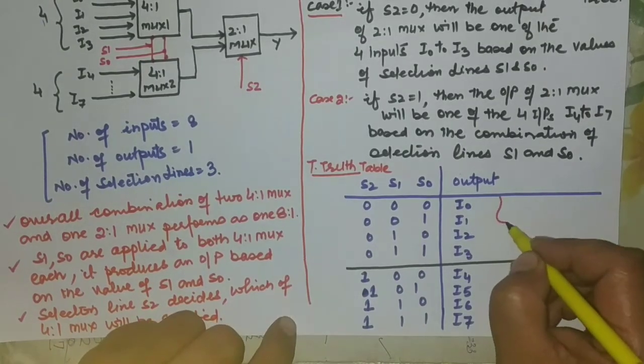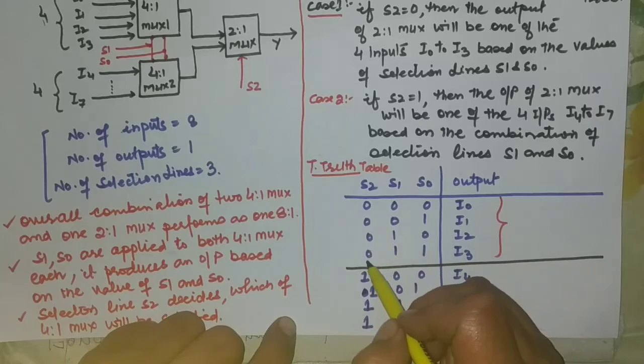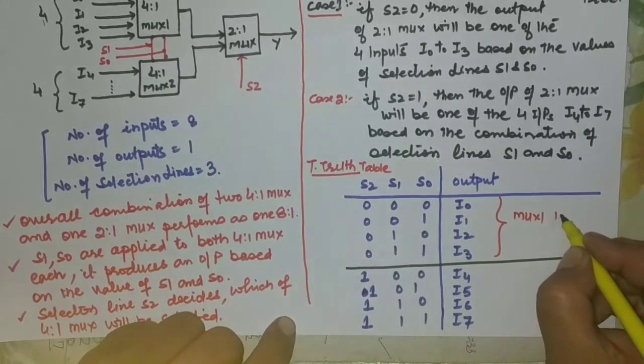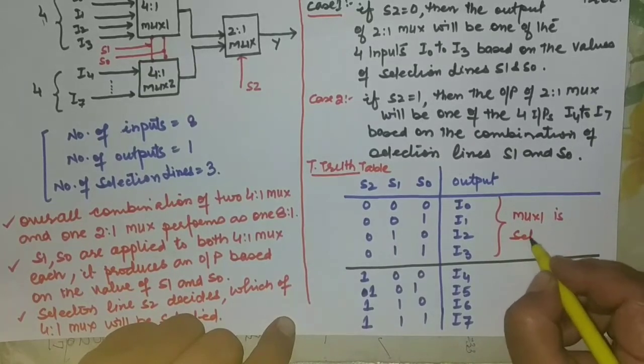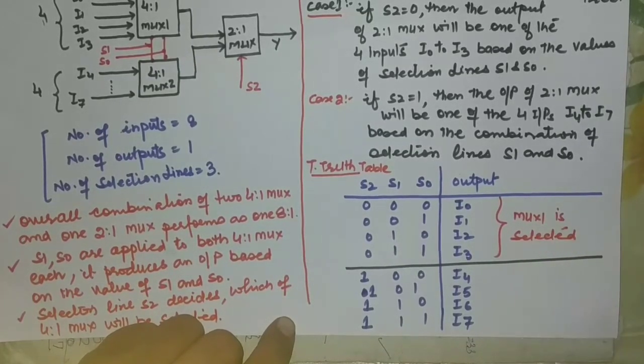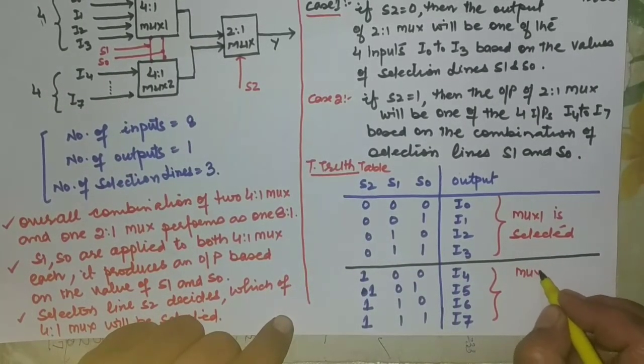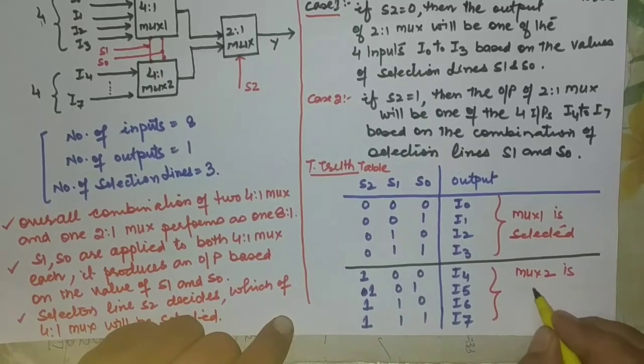Obviously we can say that when S2 is equal to 0, it means mux 1 is selected, and when S2 is equal to 1, then obviously mux 2 is selected.